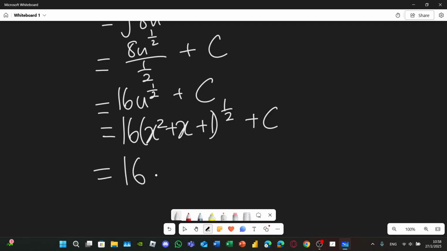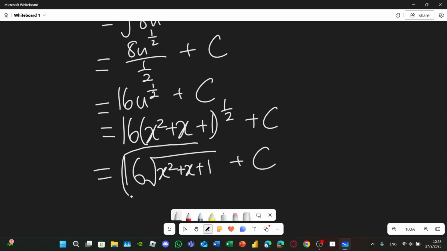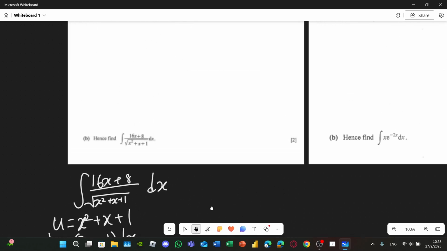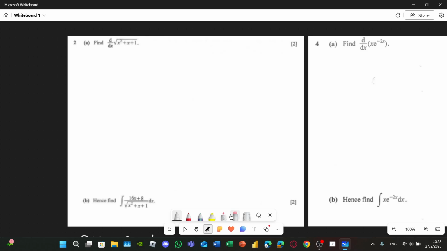And then eventually I'll have this. So just like that, I've solved this integral without needing the leg up with this derivative.